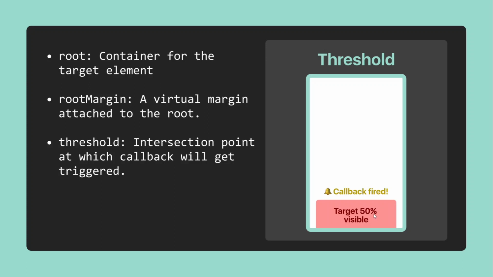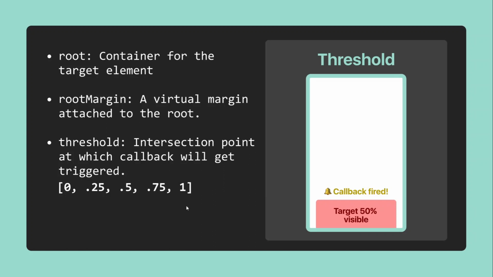The default, by the way, is 0, so when the first pixel of the target element is visible, the callback will get fired immediately. You can also pass in an array if you want the callback to run at multiple intervals. For instance, if you want the callback to be fired every time the visibility of the target element crosses 25%, then you'd set the threshold to this array that you see over here.